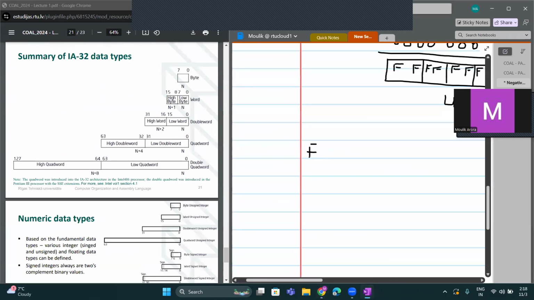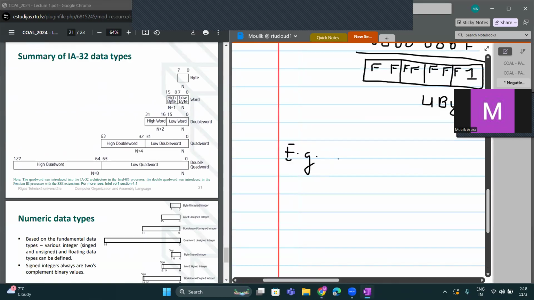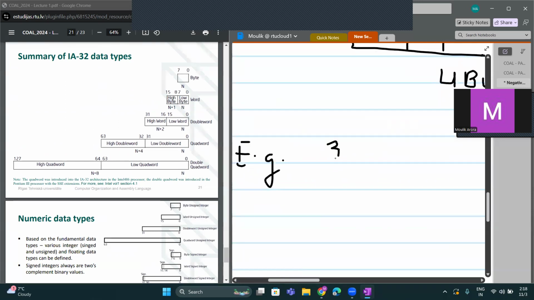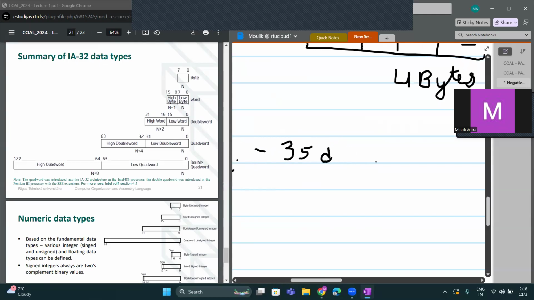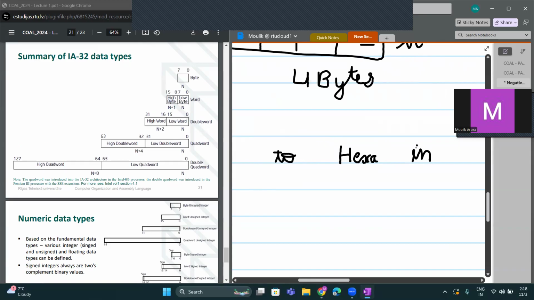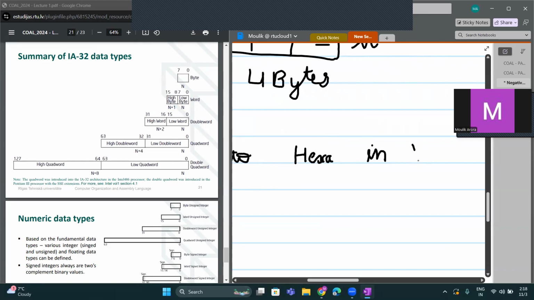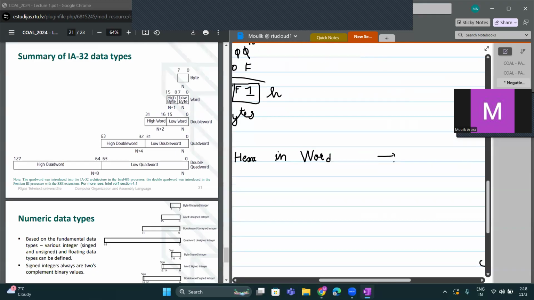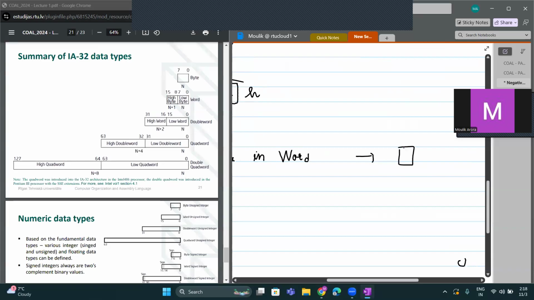I will give some example questions to solve. For example, convert minus 35 decimal to hexadecimal in word form. A word, as you remember, has 2 bytes.